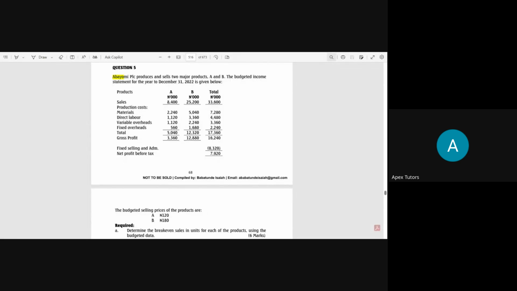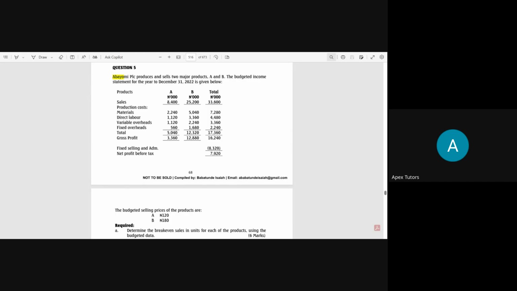This is the sales for A, 8,400. For B, 25,200. Well, you are given the budgeted selling price of the product. So how many units will you sell to get this sales value? It will be 8,400 divided by 120.